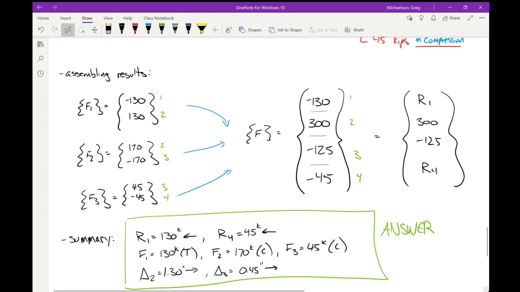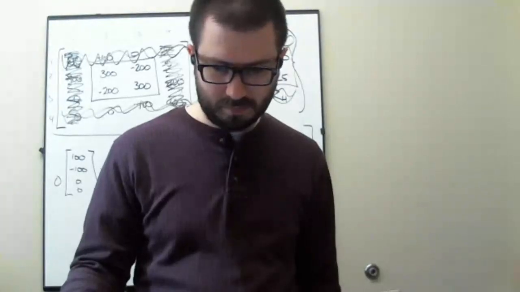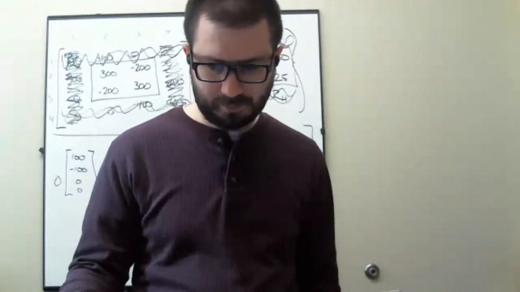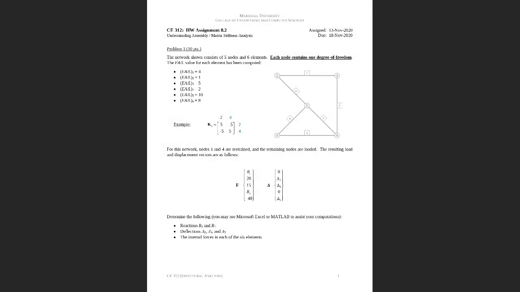All right, so here's the homework assignment. If you notice, the one thing that I did to make it a little complicated is I just made the connectivity a bit different.